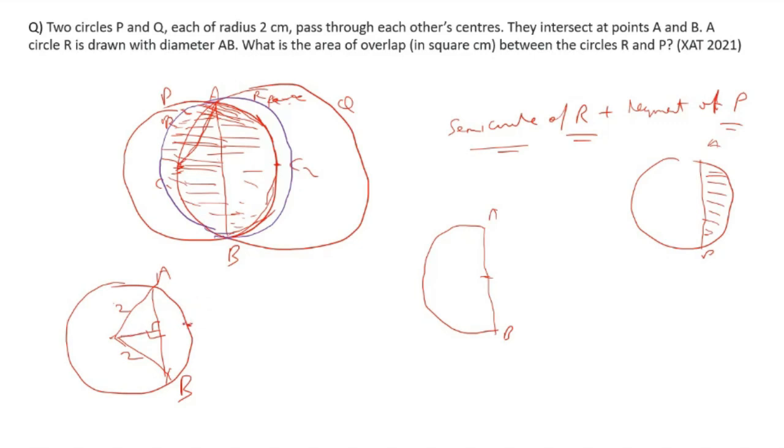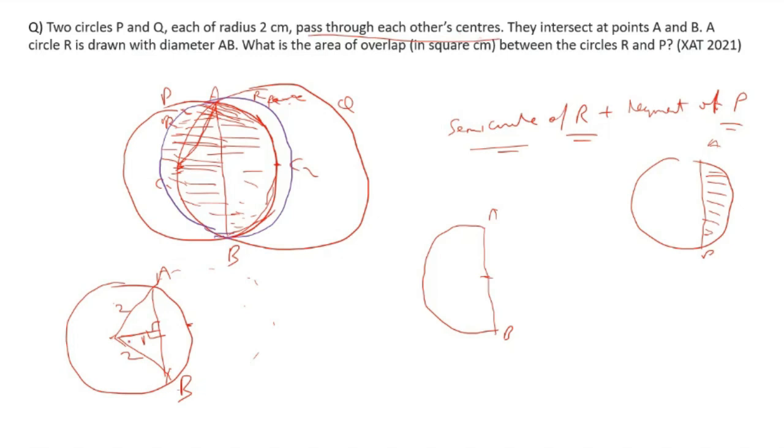This length I know, like if I was to complete it with the other circle, there will be something like this, right? This is 2, then this length is 2, this would be 1, so this is 1. Let me just repeat once again. I need to find this length so that I can get this length, and into 2 will give me this common chord, right? The key point of the given data is that they pass through each other's centers.